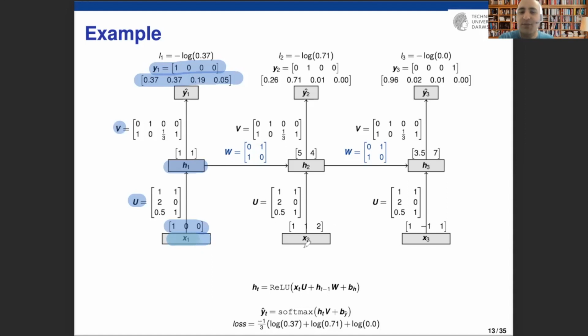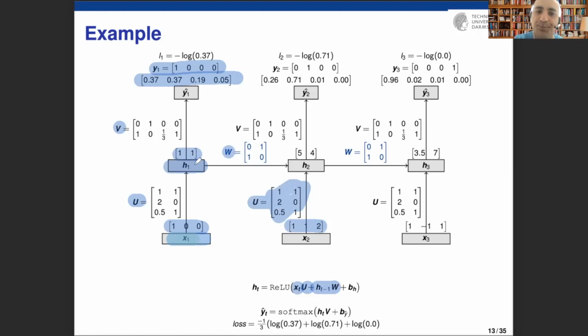Now that we have X2, here is more important. At the second step, we take the vector representation of X2. If you look here, we multiply that by U, this matrix, and then we sum that with a weighted representation of the previous hidden state, which is h_(t-1) times W. So the second input comes from the previous state.